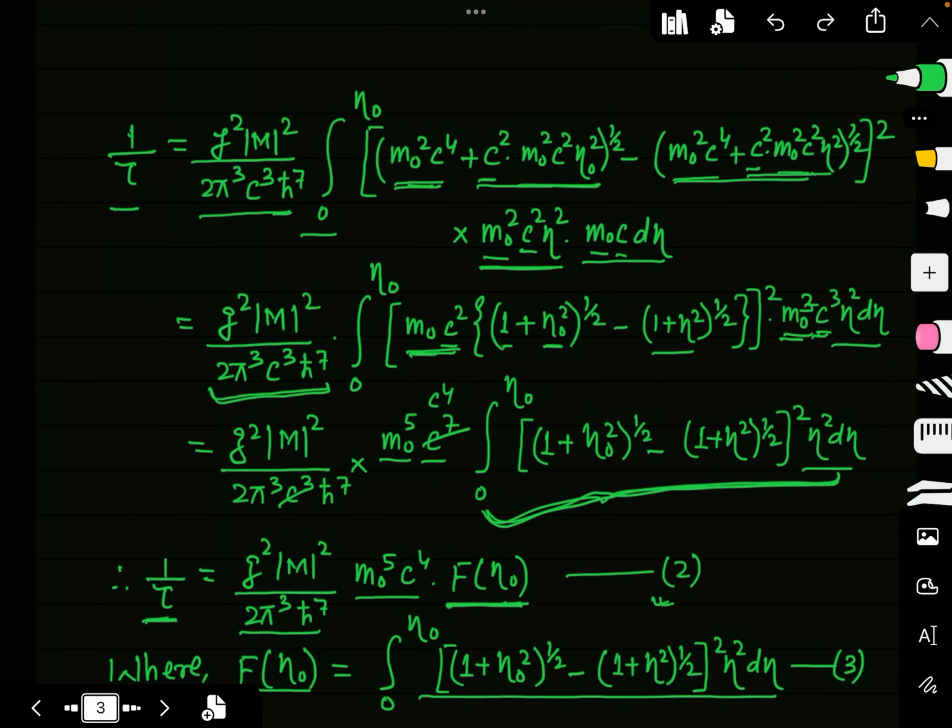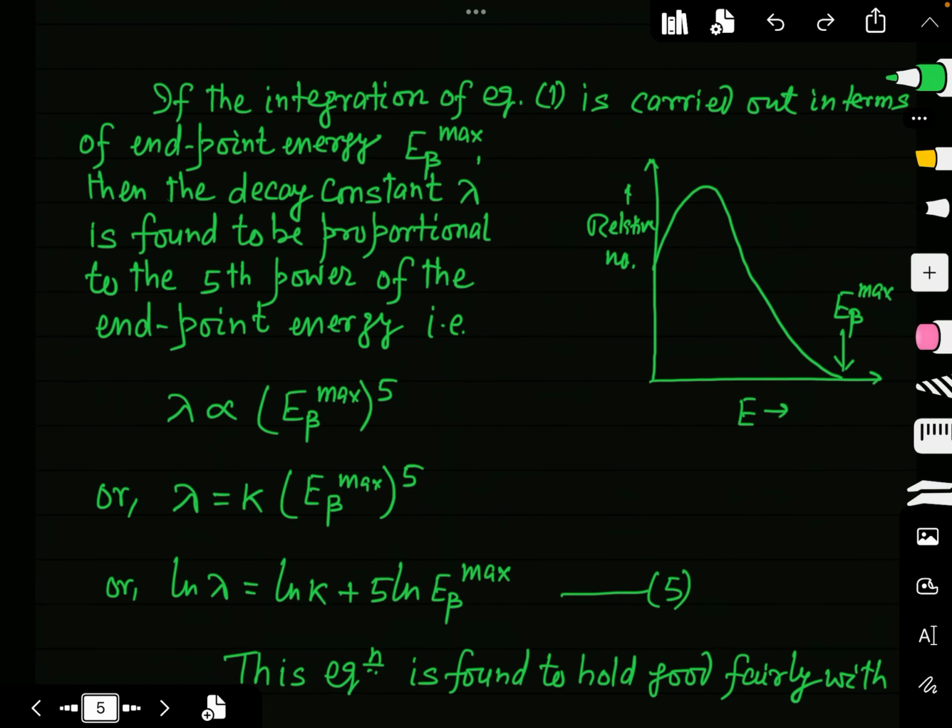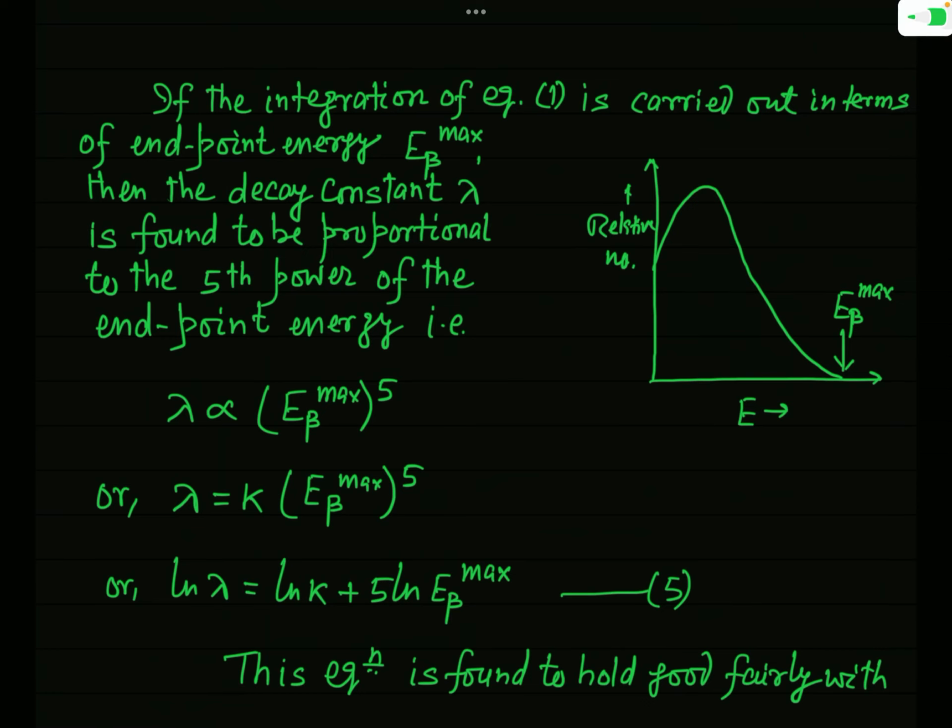Now we will see what happens in that condition. I mentioned this graphical plot in your previous lecture: when the relative number or intensity of beta particles is plotted against the energy of the electron, that is the beta particle, the curve is like this, and this is called the end point. At the end point, the energy of the beta particle is maximum, this is E beta max.